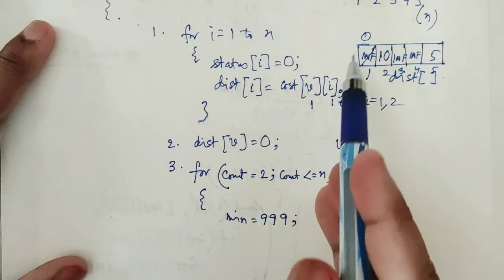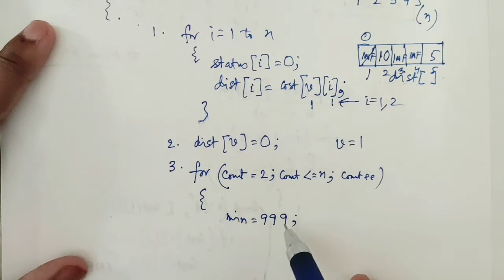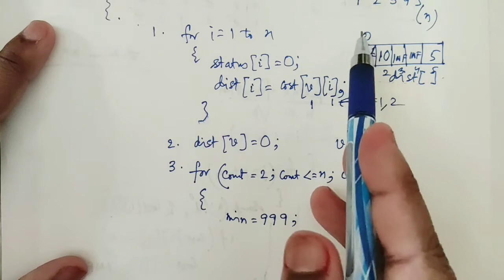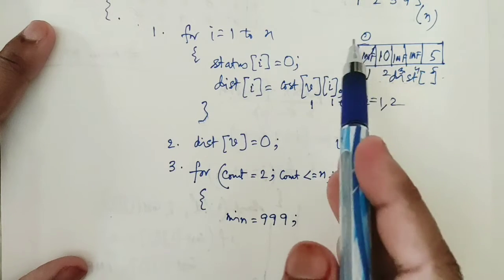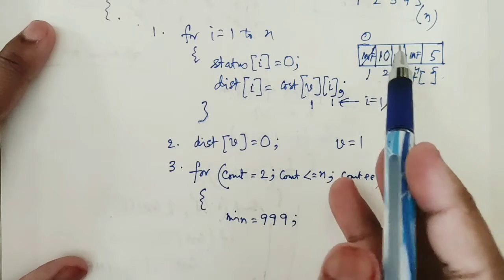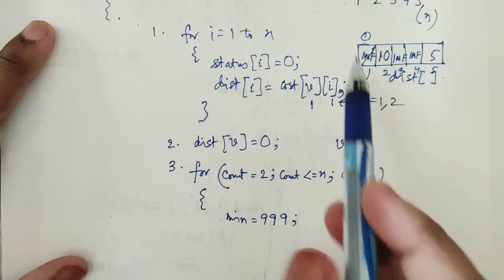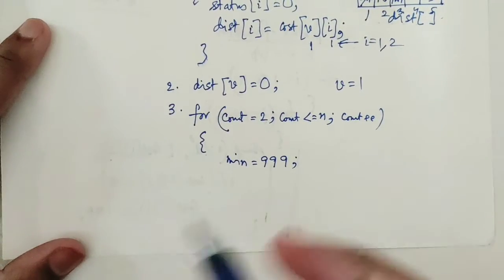So min needs to be compared with list of 1, which is 0. 0 is the minimum, so you get the current minimum. 0 with 10, 0 with infinity, 0 with 5. In that way you will find that the first vertex has the minimum d value. So that's why you set min equals 999.